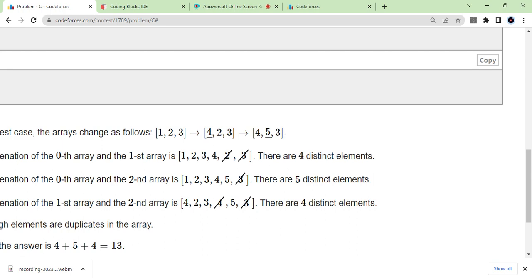You can change m elements, m times. The total number of elements in the array would be, initially there are n elements, and m elements you are inserting, kind of. So the total number of valid elements would be n plus m at max at any point of time.